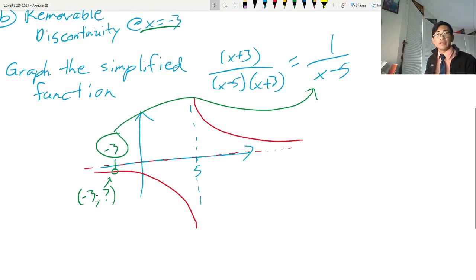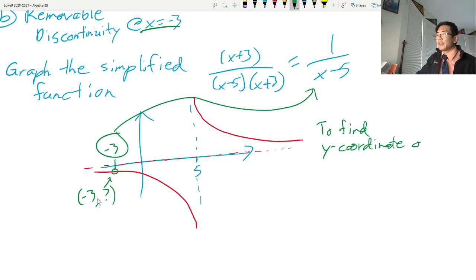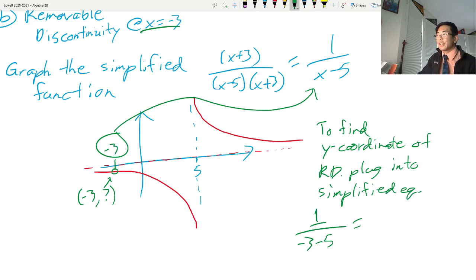So let's plug that in to find the y coordinate of our removable discontinuity. I have 1 over negative 3 minus 5, which is negative 1 over 8. So this point is actually negative 3, negative 1 over 8.